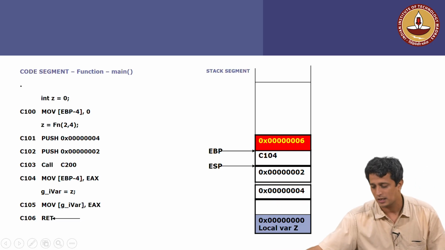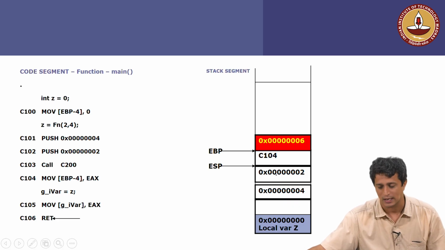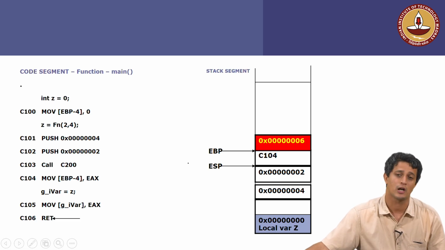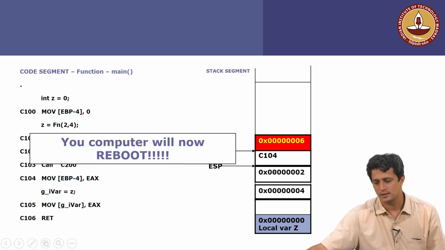Okay, remember that my stack pointer is pointing here, ESP. So when I do a return, the top of stack is going to be popped into EIP and execution will continue from there. So if I do that, obviously the return address is not 0x00002.